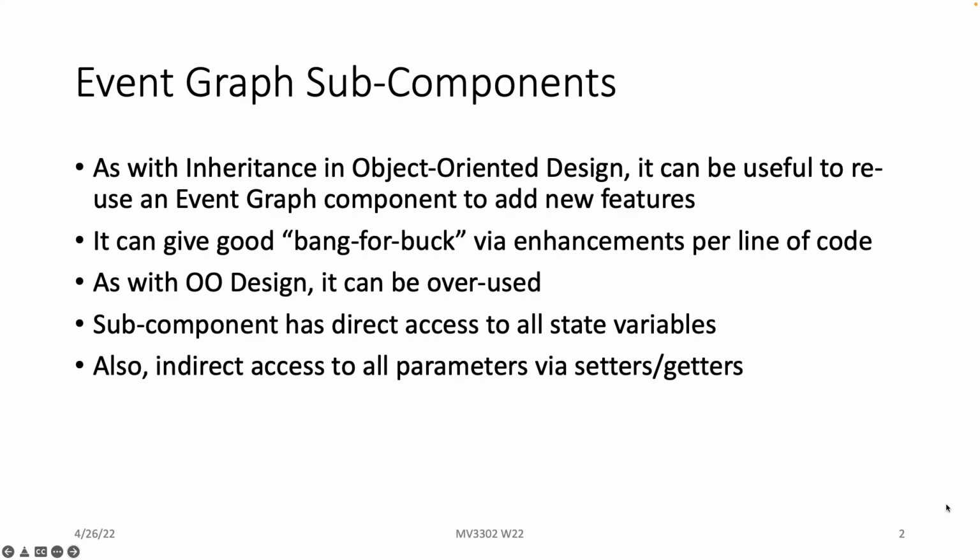And that's where these subcomponents come in, which is analogous to subclasses. And if you think of the relationship between event graph components and SimKit, you see that each component is represented as a class in the implementation.